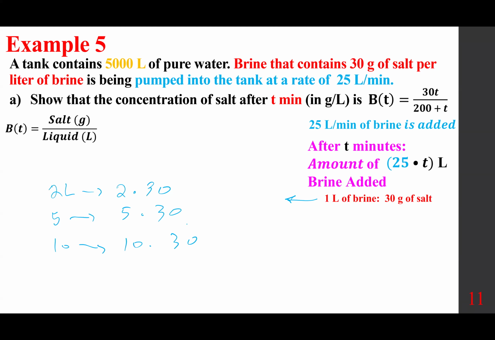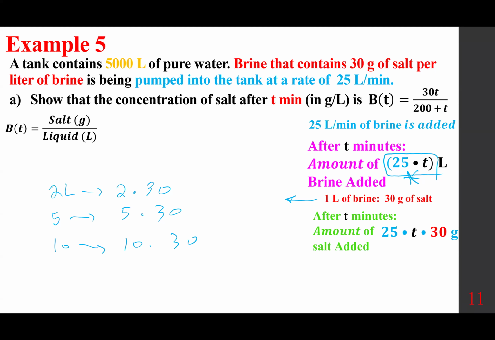So how many liters do we have? 25t. So after t minutes, we have 25t liters of brine, therefore times 30 is the amount of salt in grams.